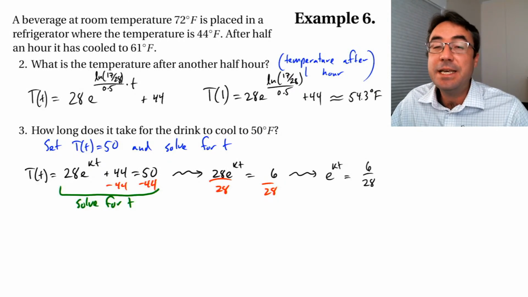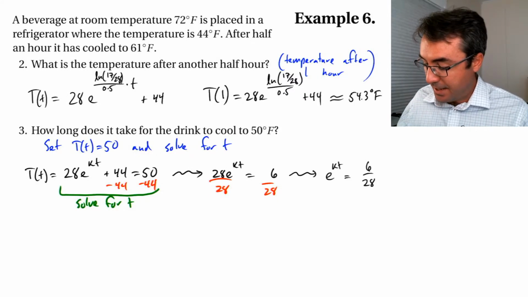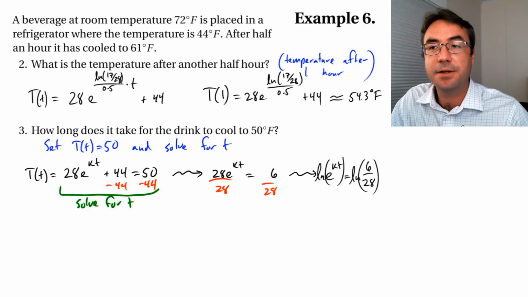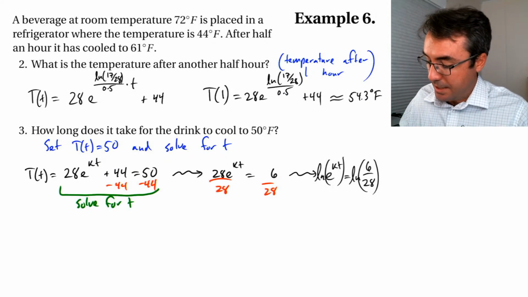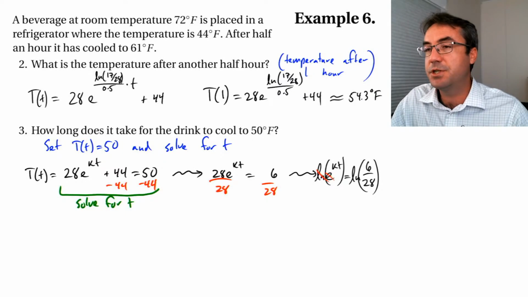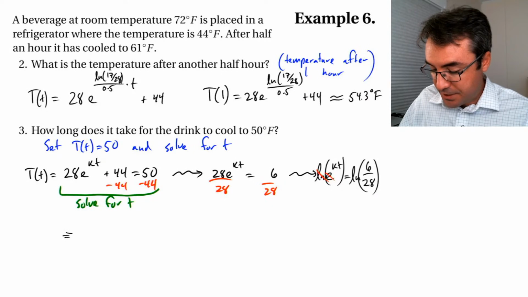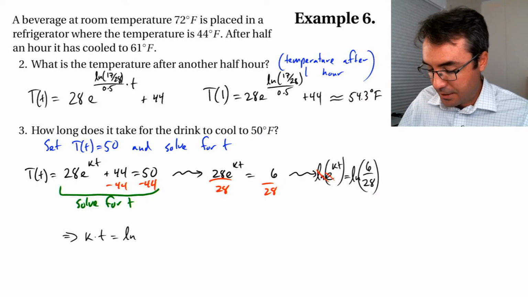And we want to get t by itself. So to cancel off the e, the exponential, we need to apply the inverse function to both sides. So natural log. Natural log and e cancel. They're inverse functions of each other. And that leaves us with just k times t on the left and natural log 6 divided by 28 on the right.